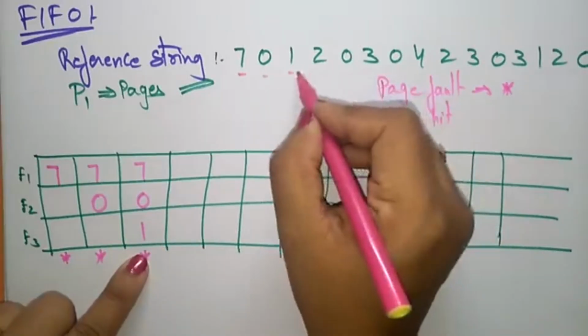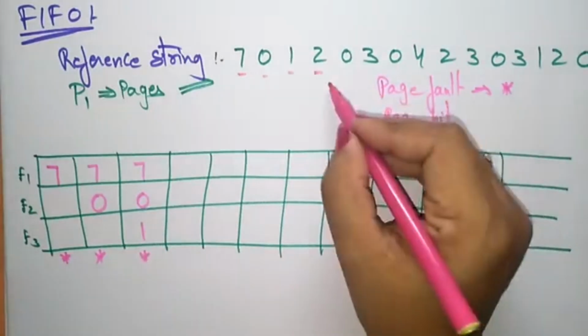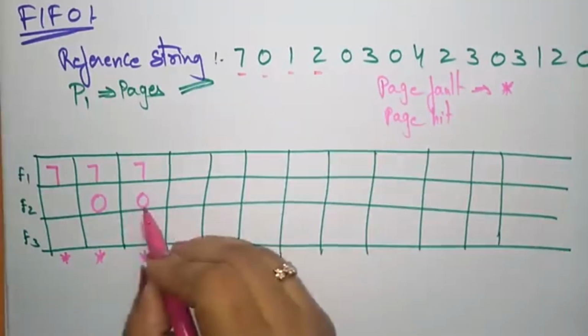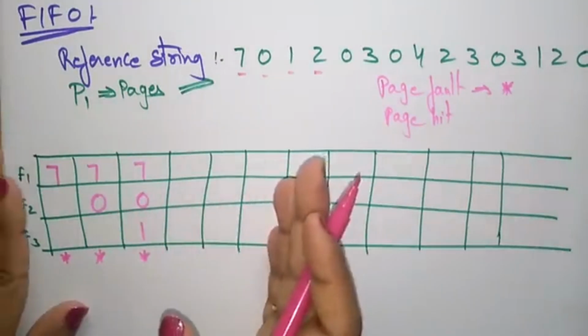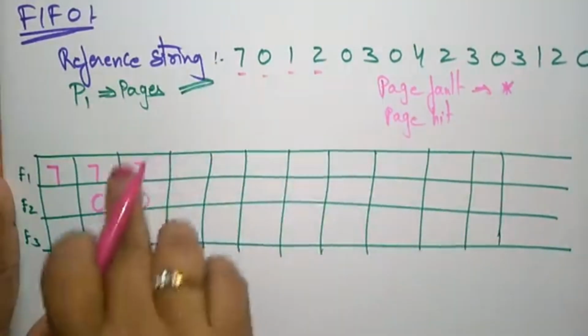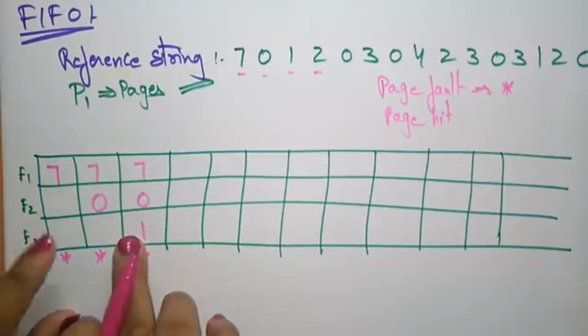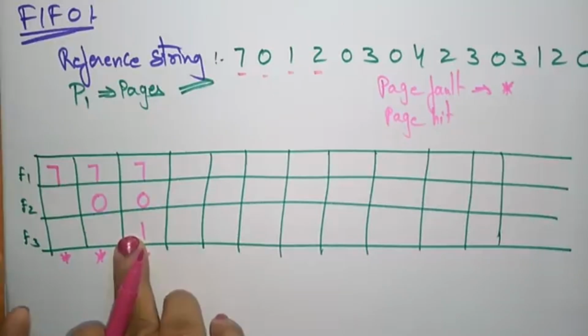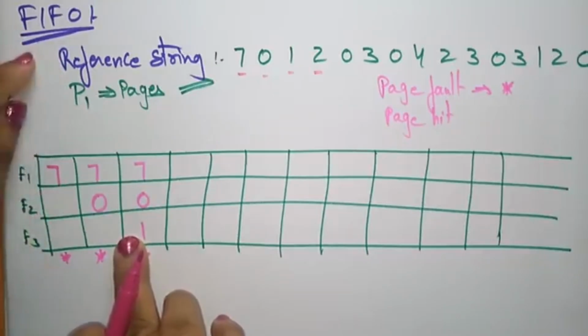Now I want to store the 2. The CPU is demanding 2 in the main memory, but it is not there, so obviously it is a page fault, but the main memory is already full. So what will it do? It has to replace a page. What will the FIFO concept do? First in, first out.